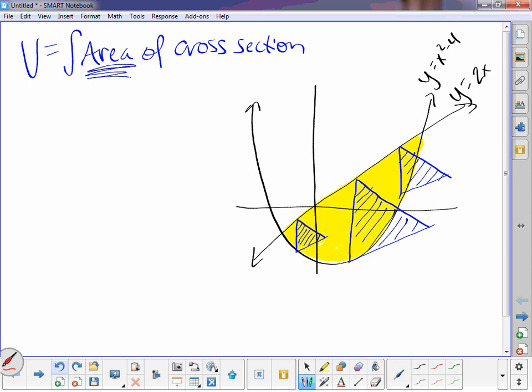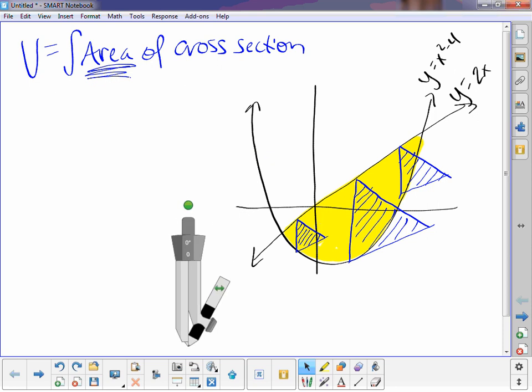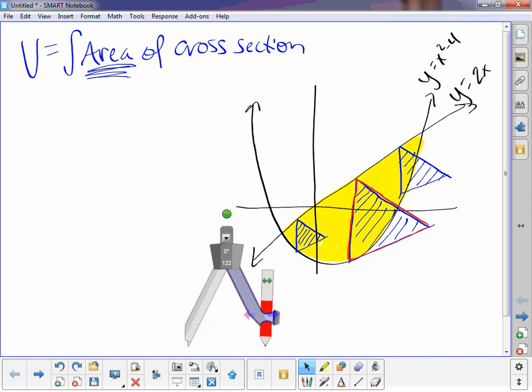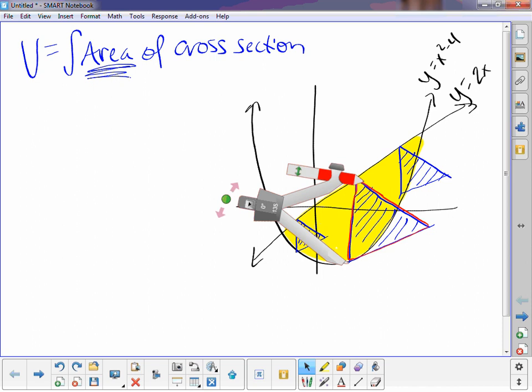So the easiest way to do your equilateral triangle is using a compass, or you can even do it with just a ruler. I think it's easier with the compass. But let's suppose I'm trying to do this one here. Alright, so I'm going to set my compass to be this distance here. Ooh, that's pretty good. Alright.